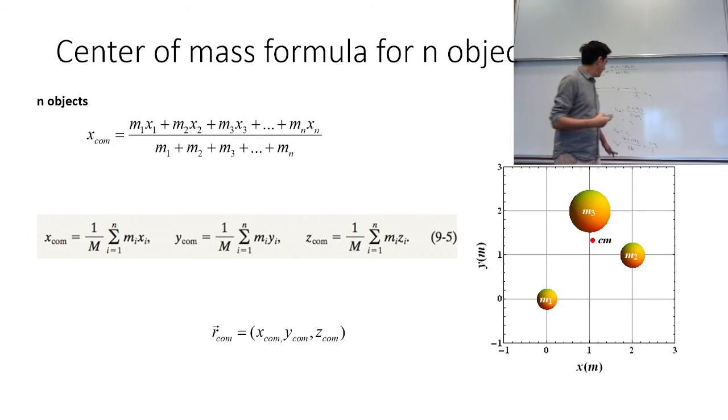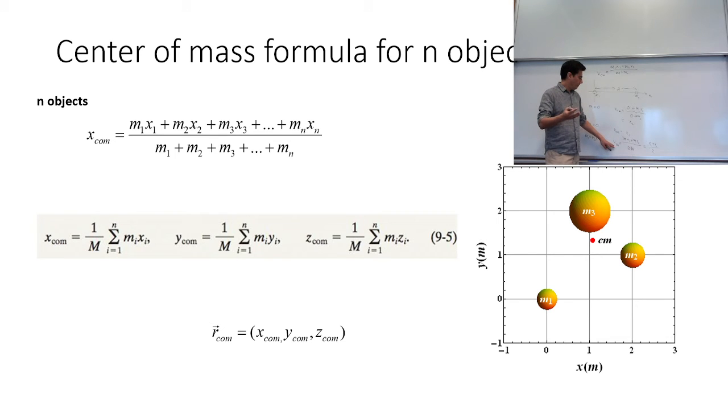Now, this kind of cancellation of the mass always occurs. The center of mass is a position, so its dimensions have to be something like meters or centimeters.